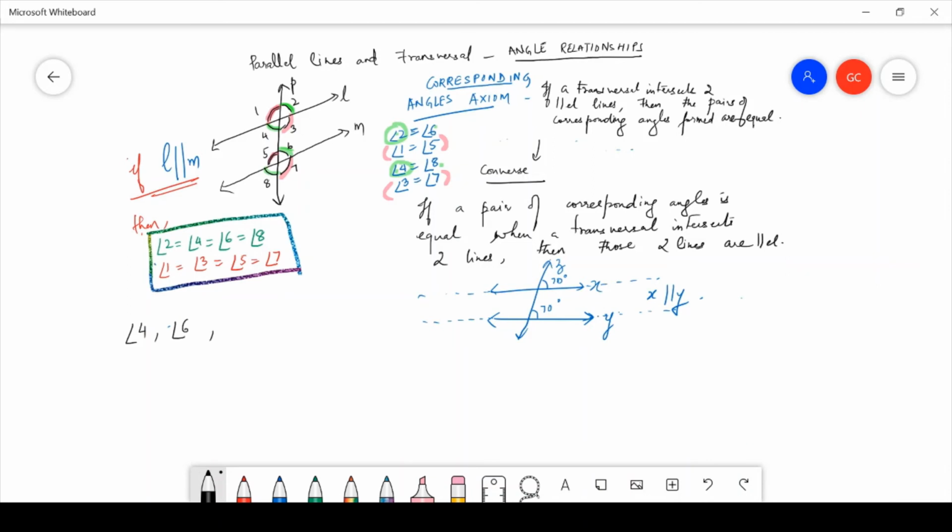Okay, actually angle 4, angle 6, angle 3, and angle 5, these are all called interior angles, and there is a special relationship between 4 and 6. You can see that 4 and 6 are also turning out to be equal. They are called alternate interior angles.